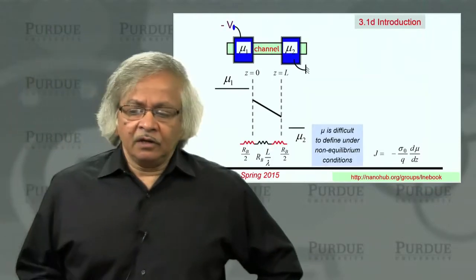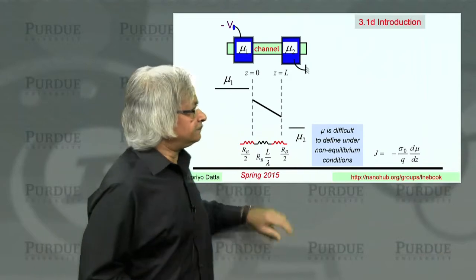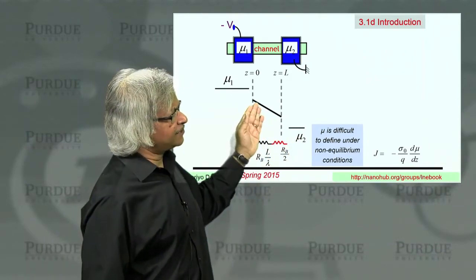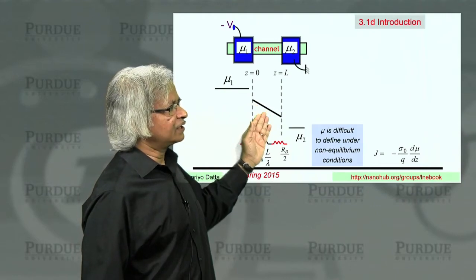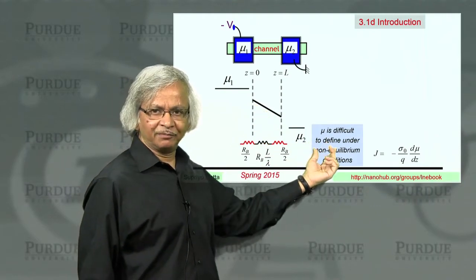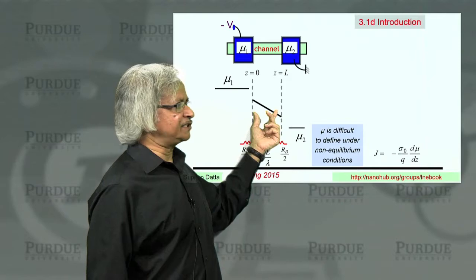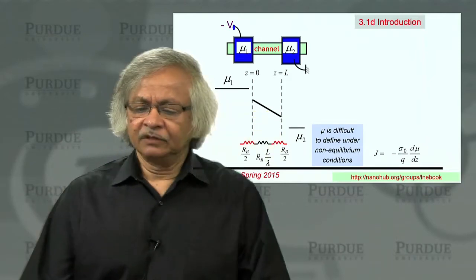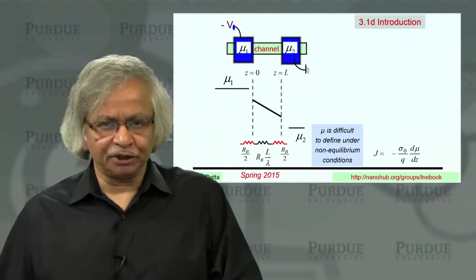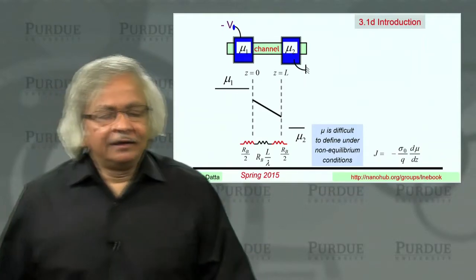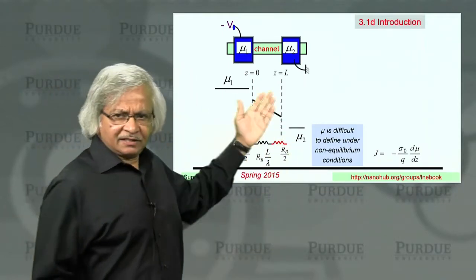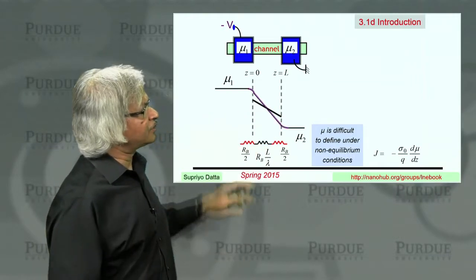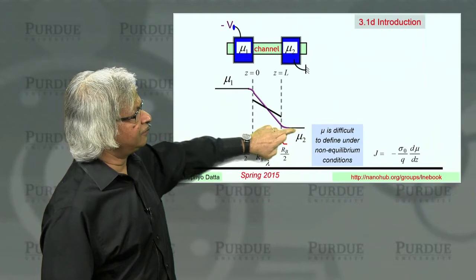Now, one of the things that often people do is that they say, well, let's not get into this question of what is this mu, that's this electrochemical potential, inside the channel, because the channel is out of equilibrium. Let's instead talk about the electrostatic potential. Now, what we'll discuss, again in this unit, in a later lecture, is that if you actually looked at the electrostatic potential, it kind of looks like this.